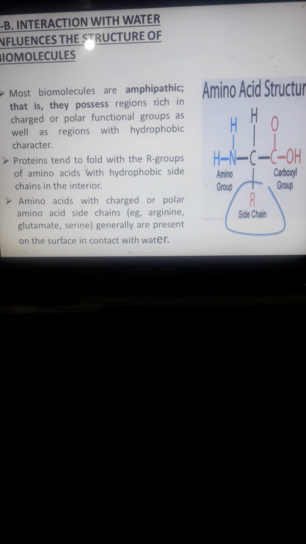So proteins tend to fold with the R groups of amino acids with hydrophobic side chains in the interior. This one is considered to be the R group or the variant, and this is the general structure of your amino acid. So this is the NH3 group, the positive charge. We have the carboxyl group, which is known to be the negative charge.